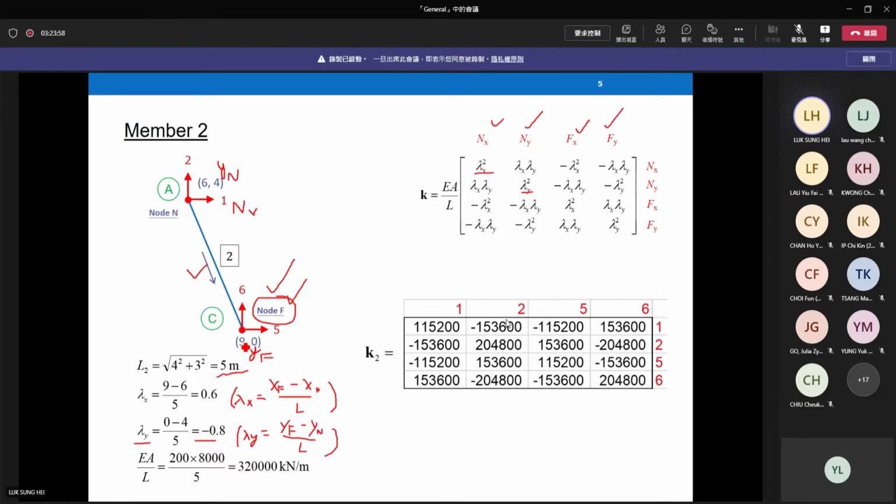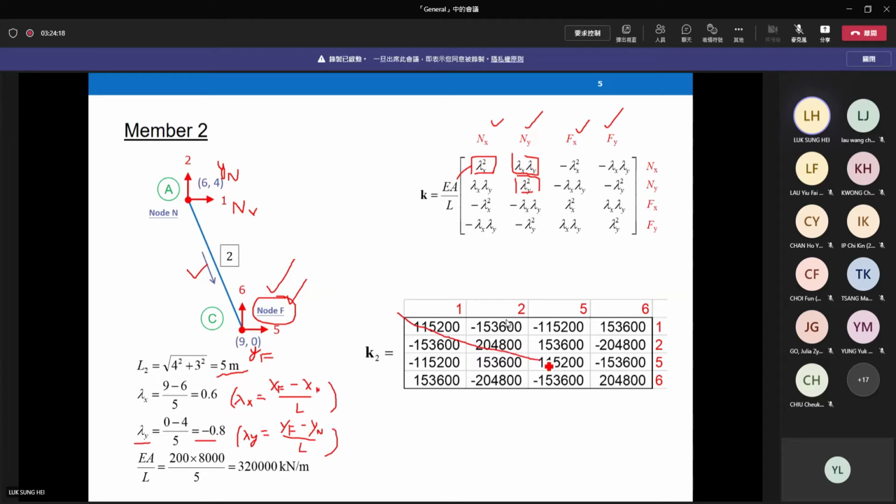Then do simple calculations: lambda x squared times EA over L, lambda y squared times EA over L, lambda x lambda y times EA over L. Just do the figures again, but we have different parameters.